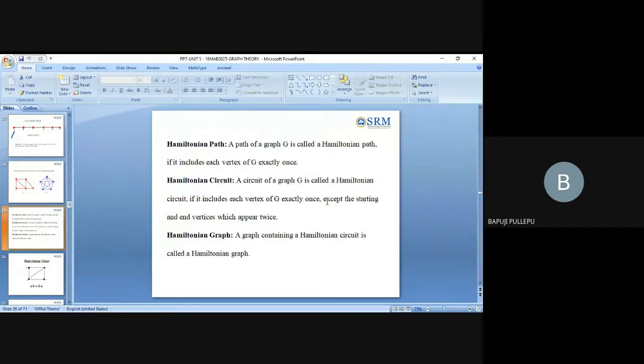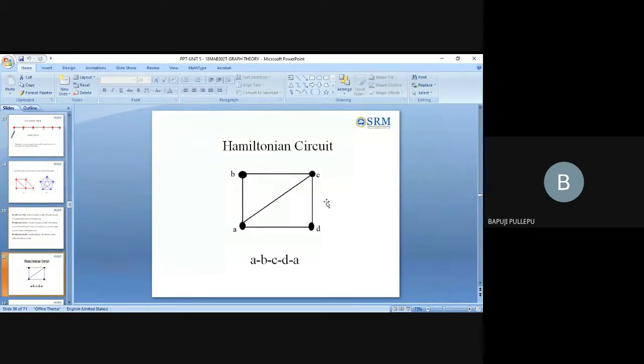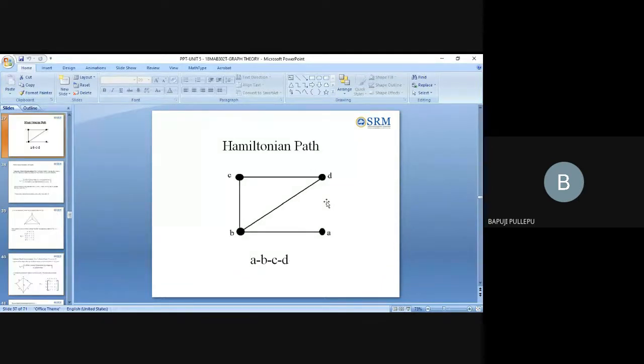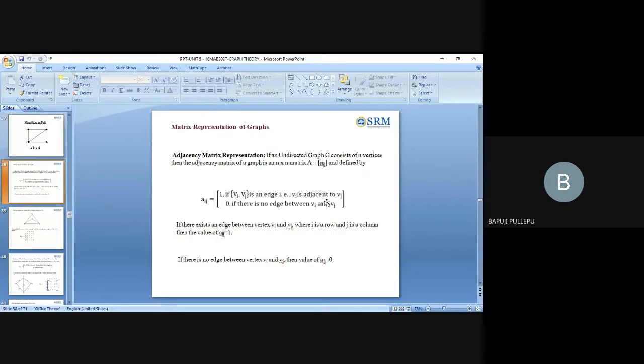Then Hamilton circuit, path. I will do all these examples later, don't worry.